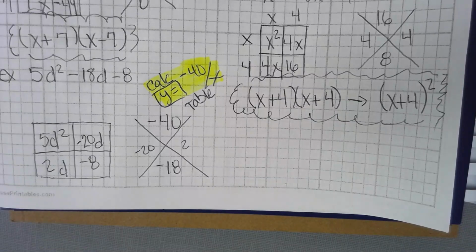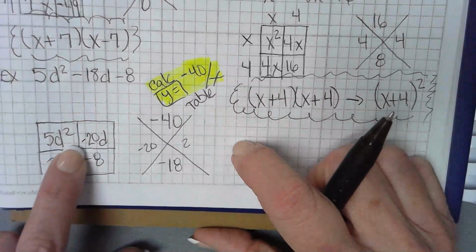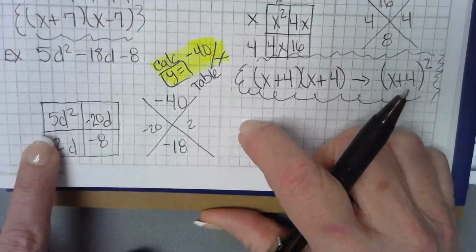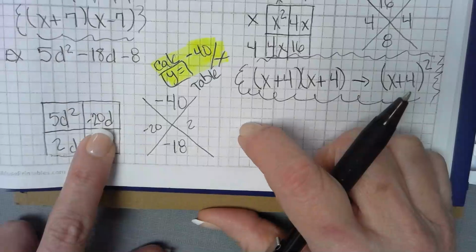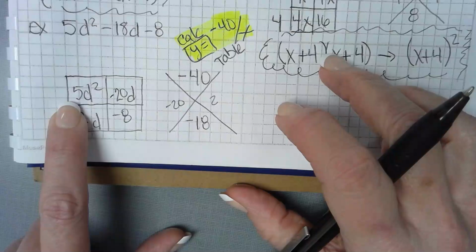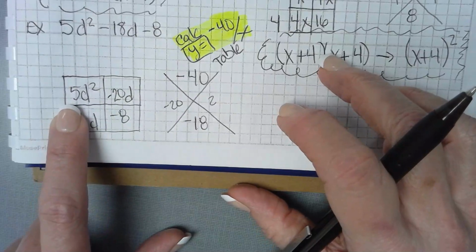Okay. Let's go across this way. Greatest common factor across the first row. Anybody give it to me louder where I can hear?